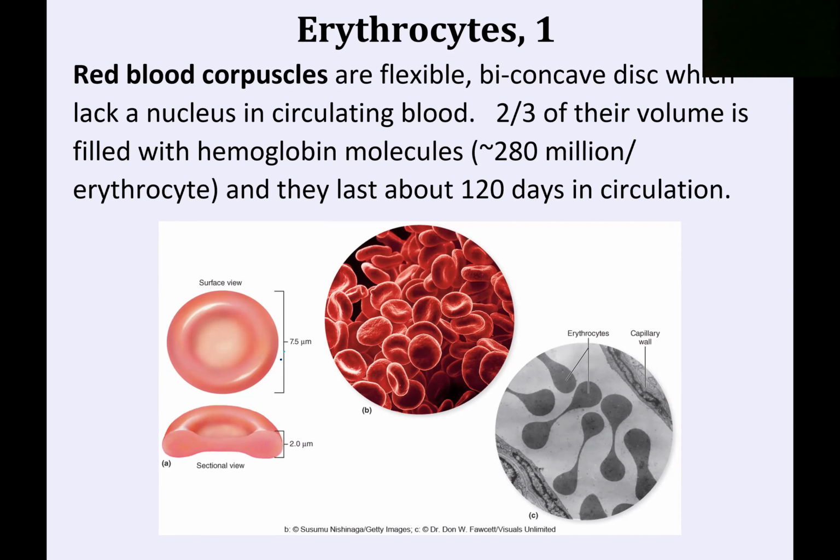So biconcave, that's this curve and this curve. I think they look like a Smartie candy. You can also see it here and here. So when the nucleus gets reabsorbed and broken down prior to entering the bloodstream, it causes the middle of the cell to collapse.